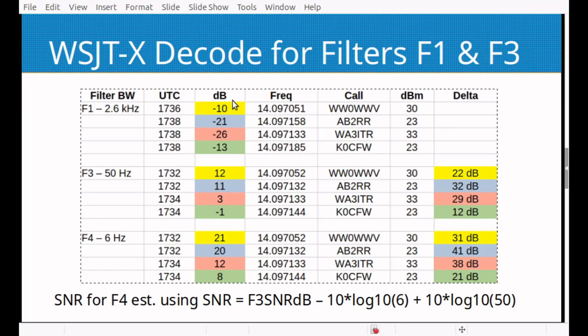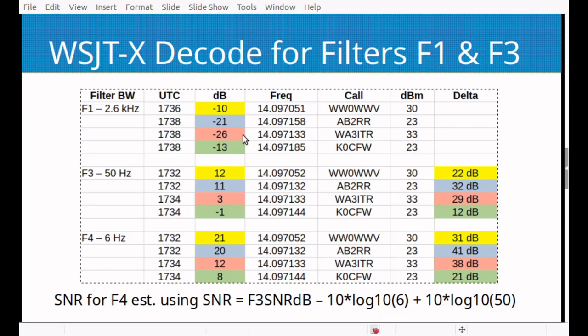Now let's look at the decibel, which is described by operators as the signal-to-noise ratio that WSJT-X is reporting. And we see here one signal is down minus 26 dB.